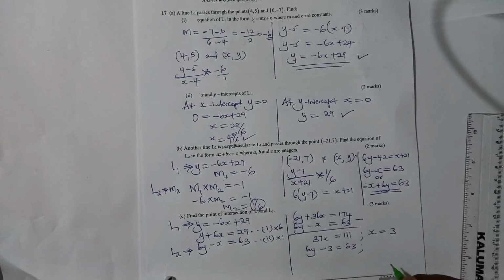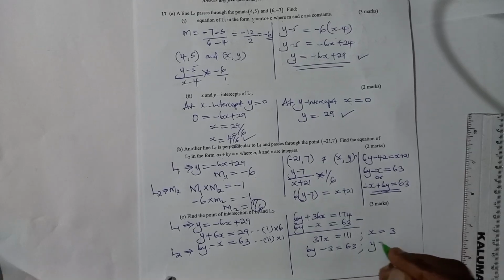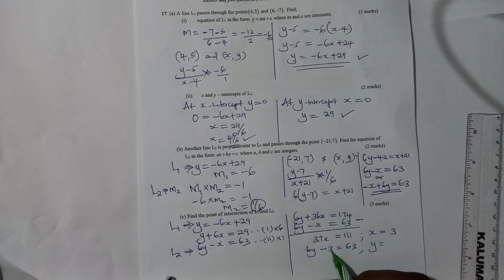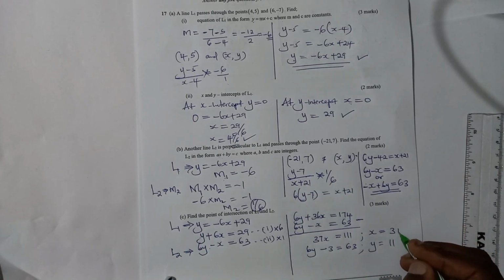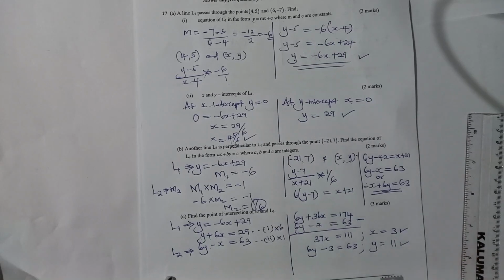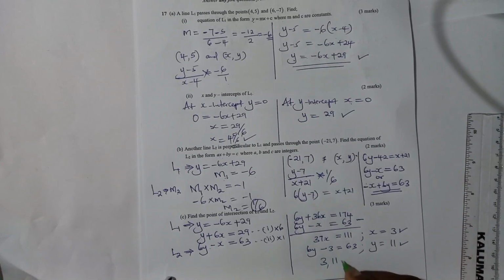So y will be given by 66 divided by 6, which will be 11. After solving the equations L1 and L2 simultaneously, I got x to be 3 and y to be 11, and that will give the coordinates of the point of intersection. Therefore, the point of intersection is (3, 11). x is 3, y is 11.